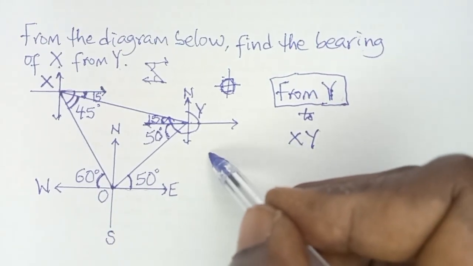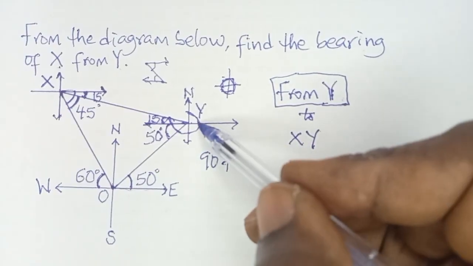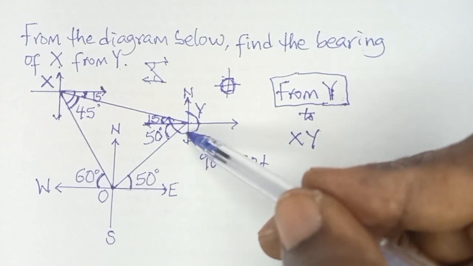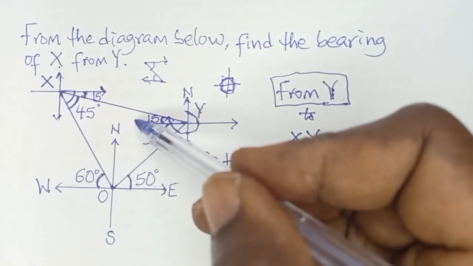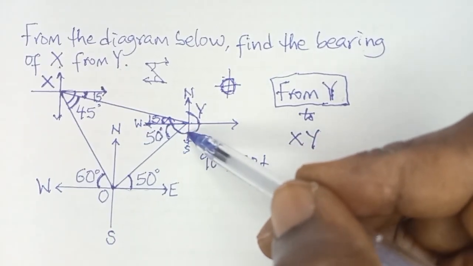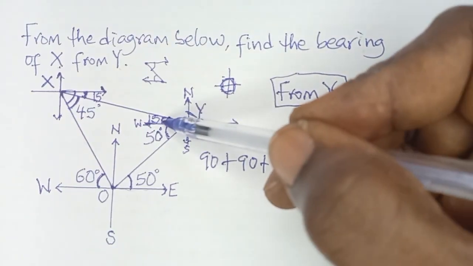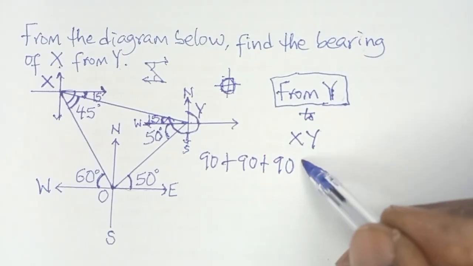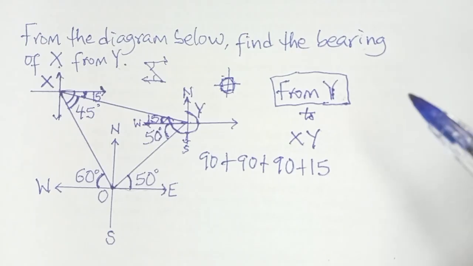So let me write it so that you see it: 90 plus this second one, which is also 90, plus this third one from the south pole to the west, another 90 degrees. And then finally, to reach the line XY, plus 15. Hope you can see the way I added the values.